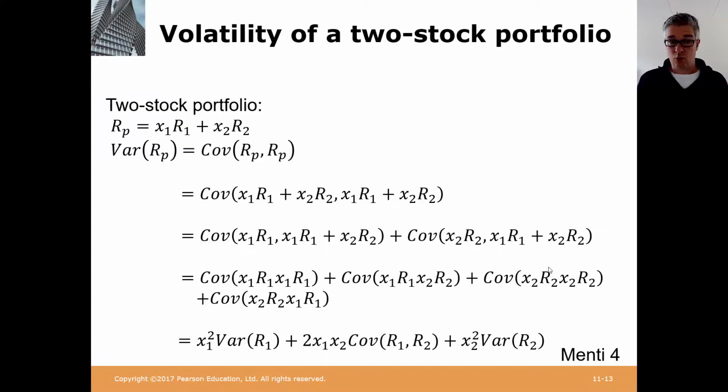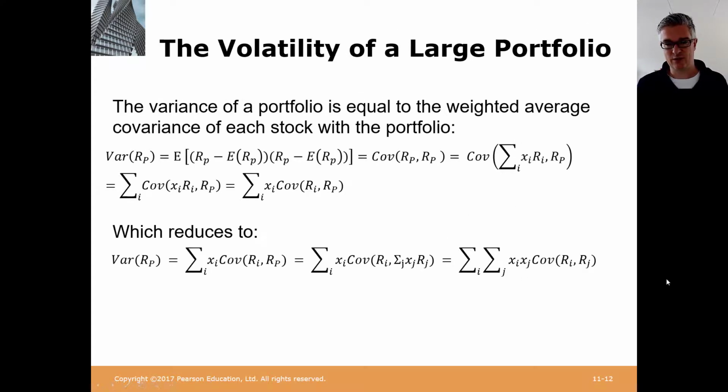To make this a little bit more concrete, let's write this out for a two-stock portfolio. If I follow this formula and I have two stocks, x1 and x2, r1, r2, then I would expect a sum over all the shares 1 and all the shares 2.